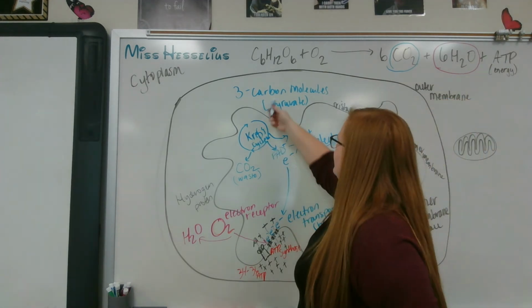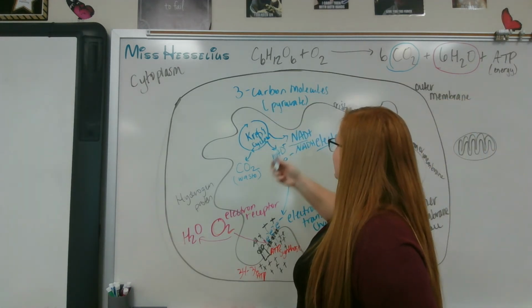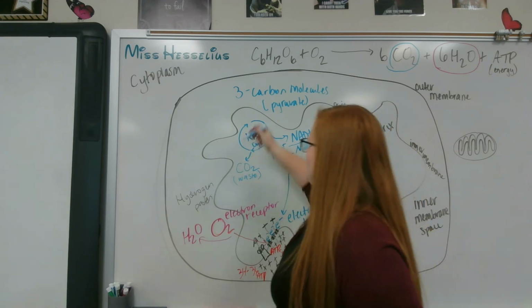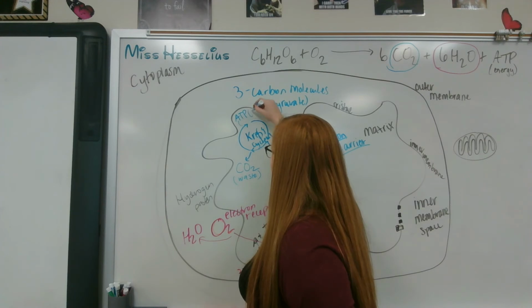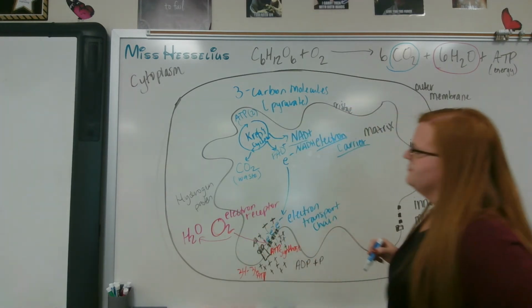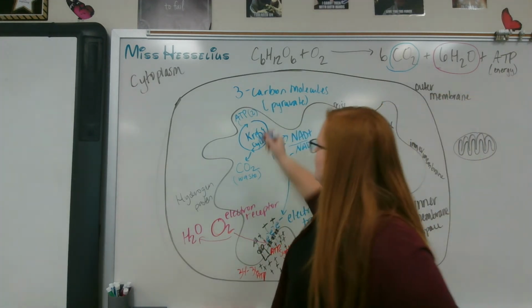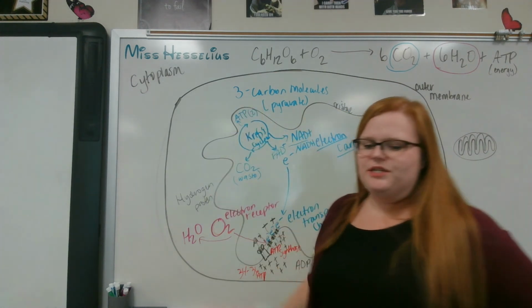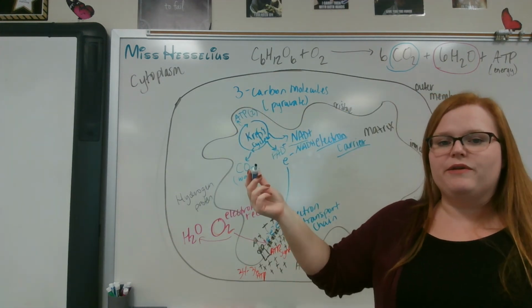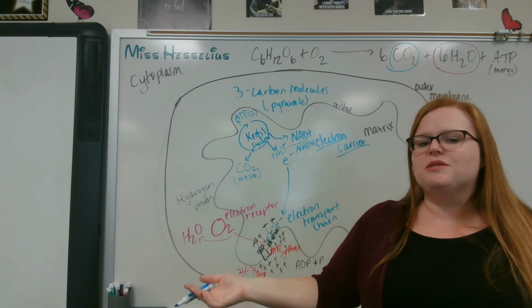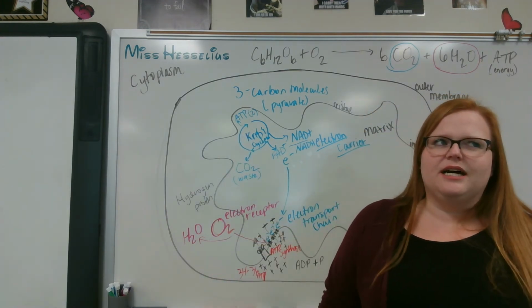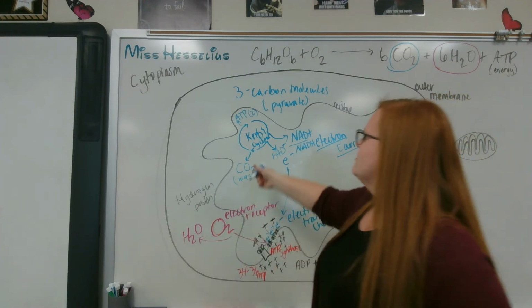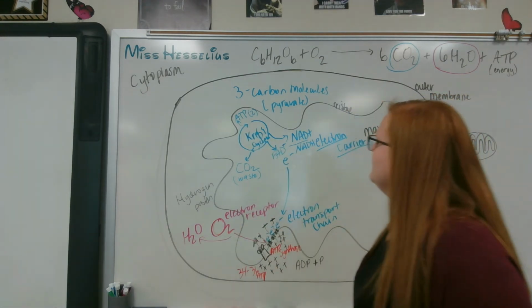So the Krebs cycle breaks down our 3 carbon molecules into NAD, FAD, CO2, and also makes 2 ATP molecules in the process. We don't need to worry about how. We just need to know that it does, because in our total, cellular respiration can make up to 38 ATP molecules. So we'll just add that in later.